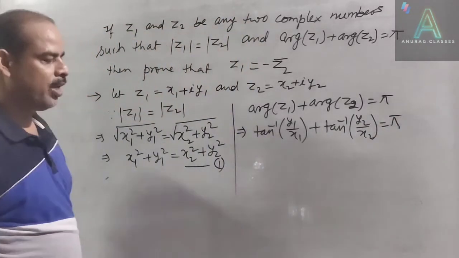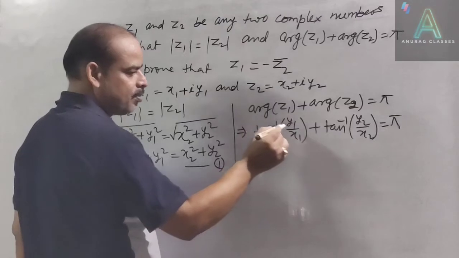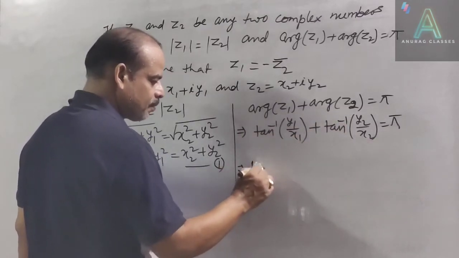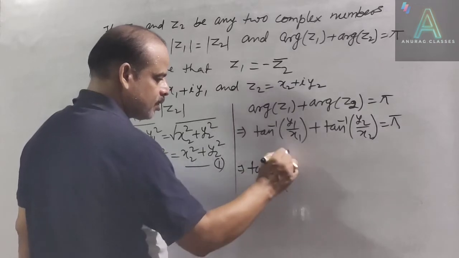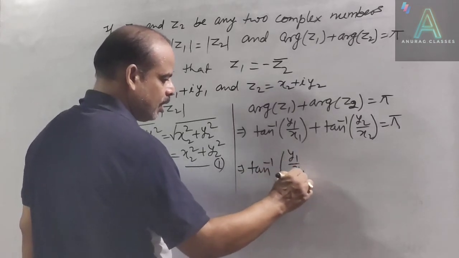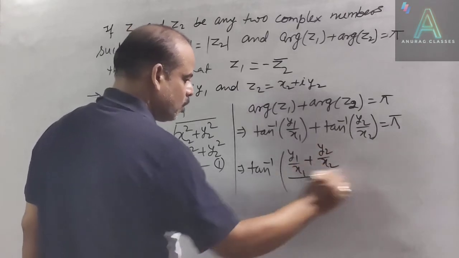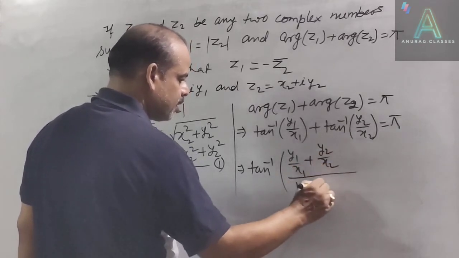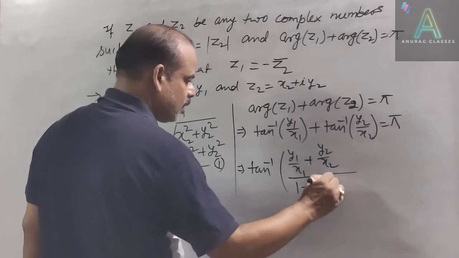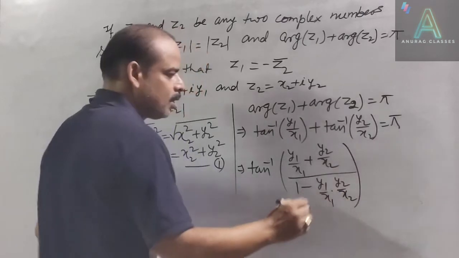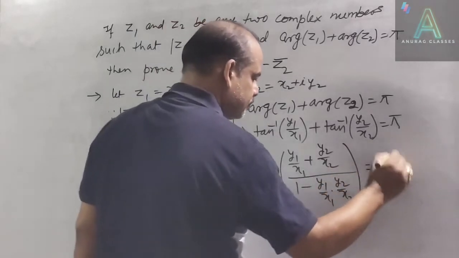Now we are using the formula of tan inverse A plus tan inverse B, and the formula is tan inverse of A plus B whole divided by 1 minus A into B is equal to pi.